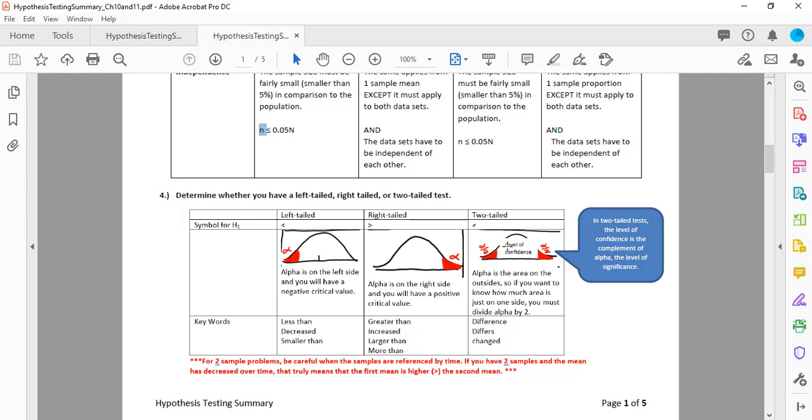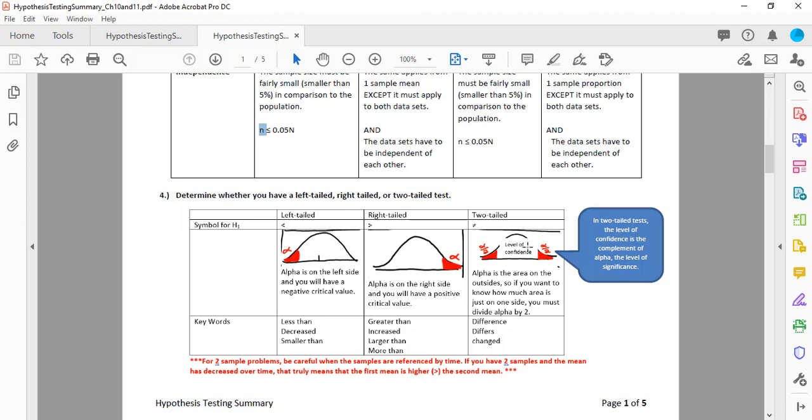If you have a two-tailed test, your keywords are: is there a difference between the groups? Do the groups differ? Has the value changed? And so your symbol that you're going to be using here is not equal to. And you're going to have two critical values. You're going to have a negative z or t sub alpha over 2. You're also going to have a positive z or t sub alpha over 2.